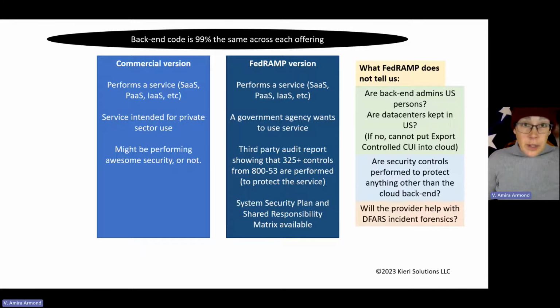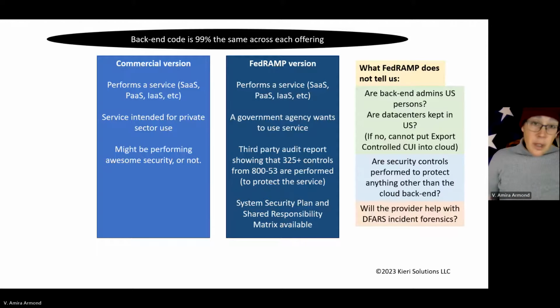So somebody said, well, why don't we set up a program where we will have private sector assessors called third-party assessment organizations, 3PAOs, go and verify that clouds are performing all of the security requirements of 800-53, specifically the moderate baseline, which is security controls that are just right from a Goldilocks standpoint, right? So they're not too little, they're not too much, they're just right. They're the moderate requirements.